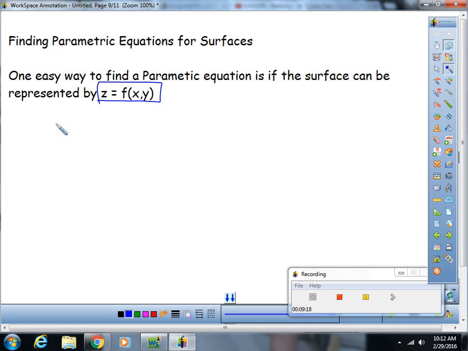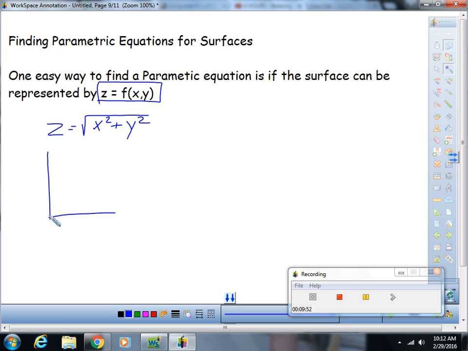So if we look at z equals the square root of x squared plus y squared, to figure out what this would look like, we would change our value for z, and as z got bigger, you would have concentric circles that started at the origin, and the circles would keep getting bigger.